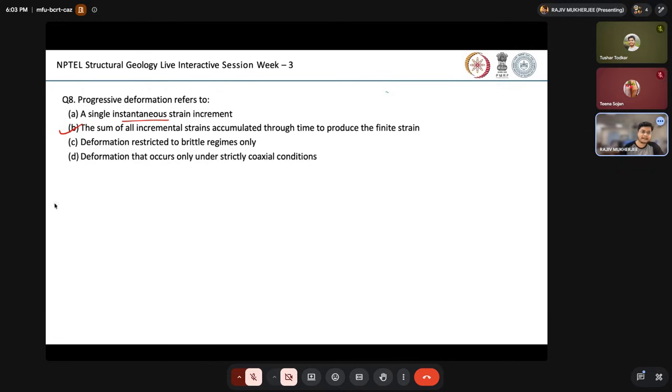So we can say that natural deformation is a continuous process with strain being accumulated incrementally at every instance of time.